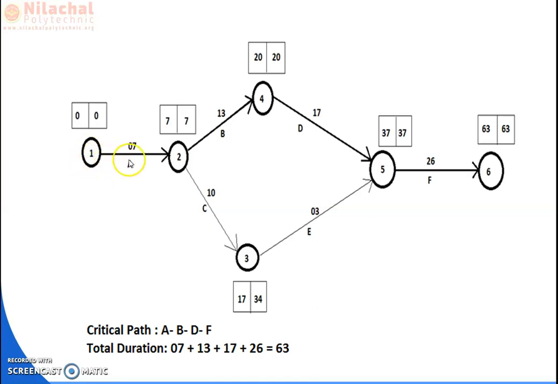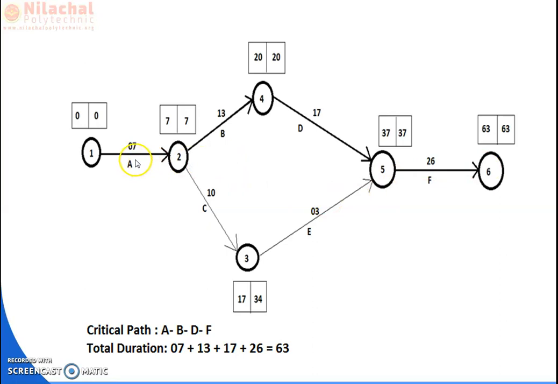The critical activities are A, B, D and F. The sequence of events 1 to 2, 2 to 4, 4 to 5 and 5 to 6, with activities A, B, D, F, forms a path, and that path is known as the critical path.